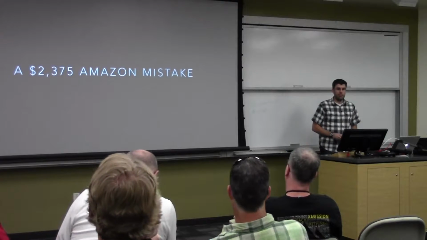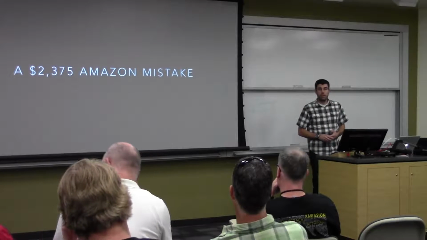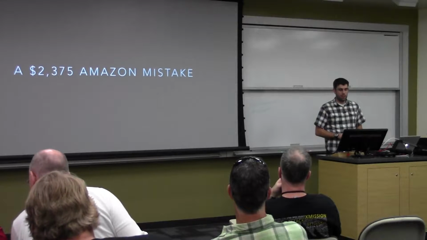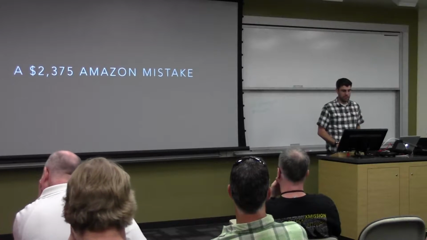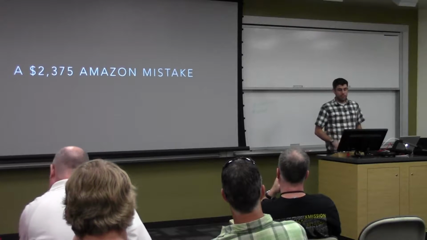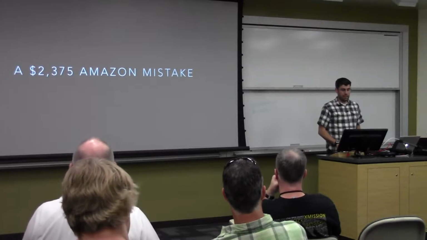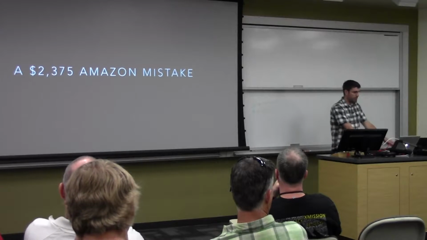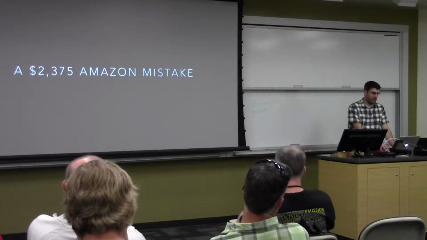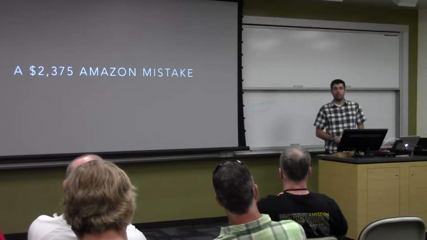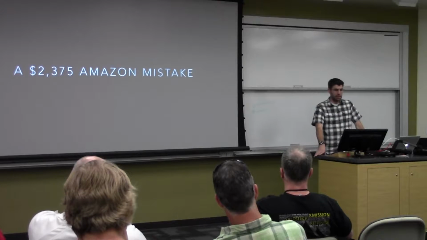So I want to start out with a story called the $2,375 Amazon mistake. Some of you who are close to the ground on the security front may have heard of this story. It came out late last year, and essentially there was a guy building a Ruby on Rails application, just learning how to build it and doing a tutorial.